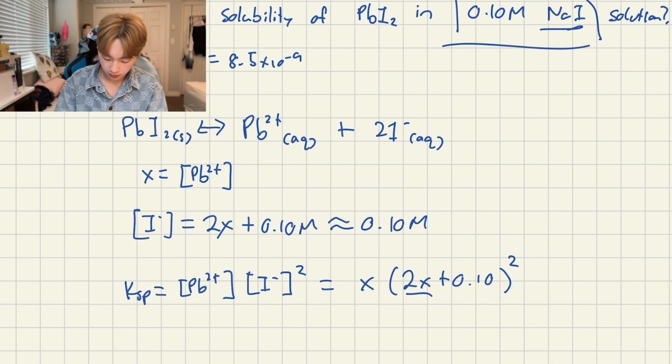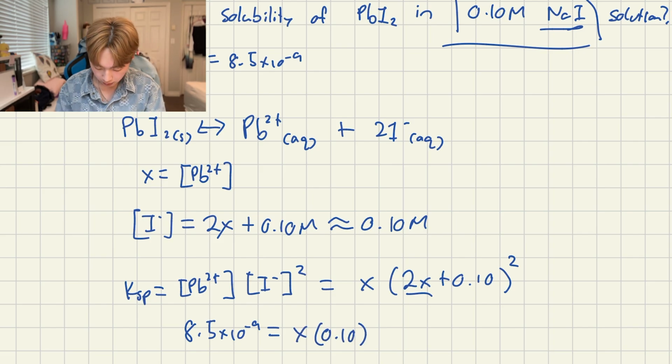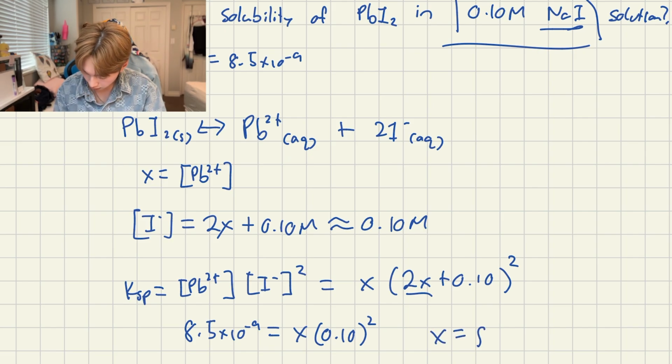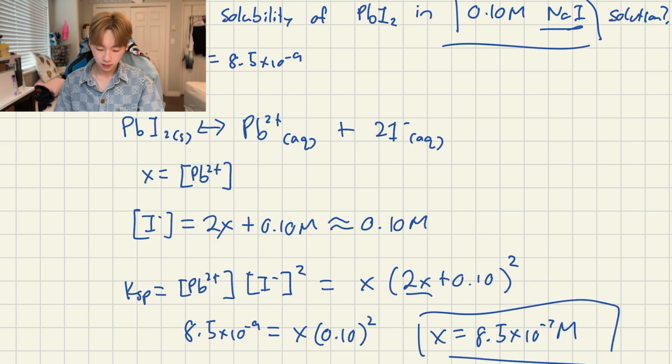So now what we have is our KSP, which is 8.5 times 10 to the negative 9, is equal to x times 0.10 squared. And solving for x, we get 8.5 times 10 to the negative 7 molar. And that's our solubility.